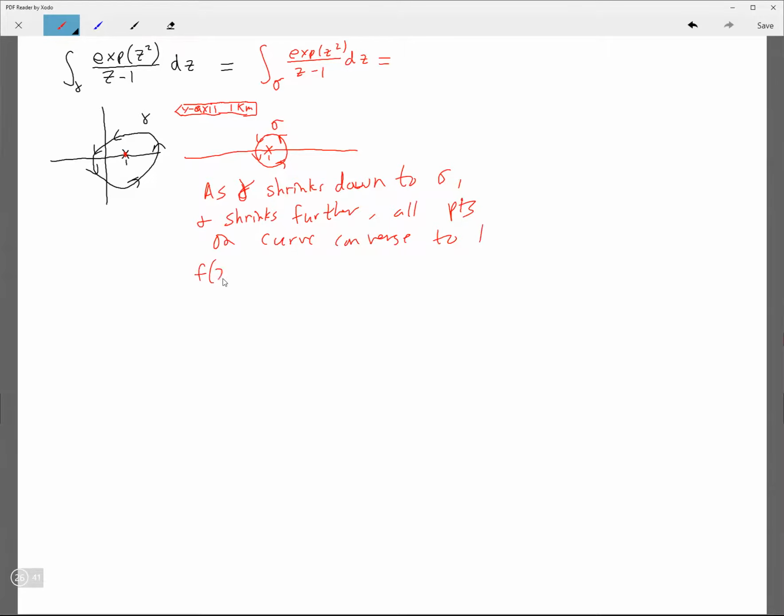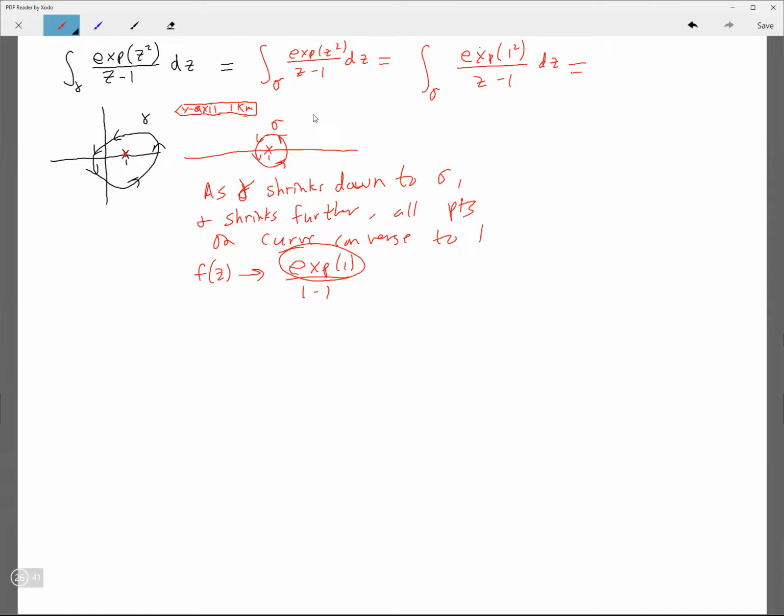So that means that all values of f of z on the curve are going to exponential of 1 divided by 1 minus 1. So the numerator is going to that. What happens is this is really going to the exponential of 1 squared over z minus 1.